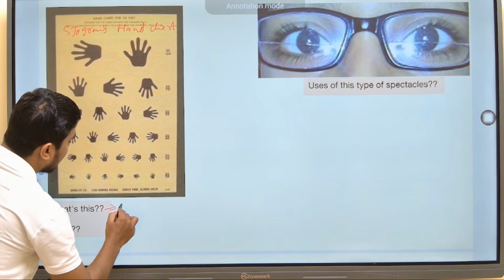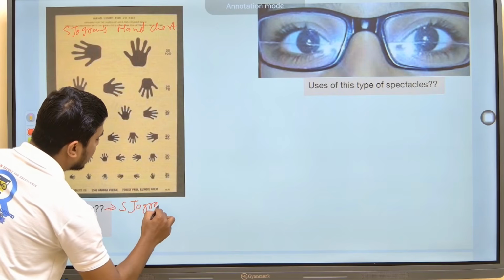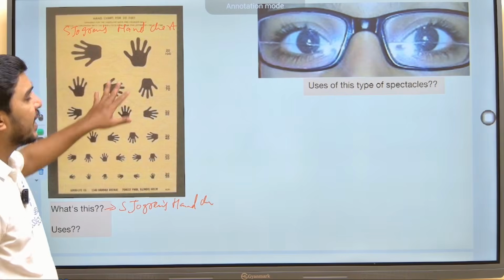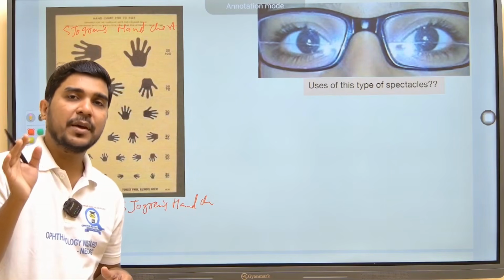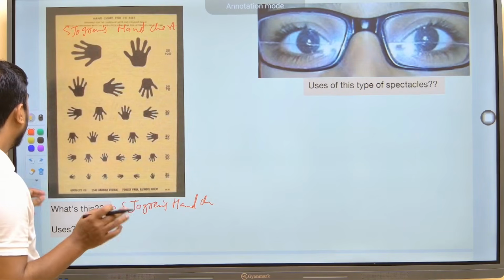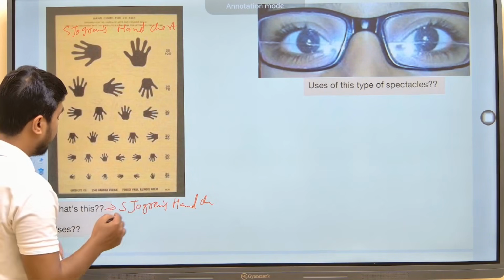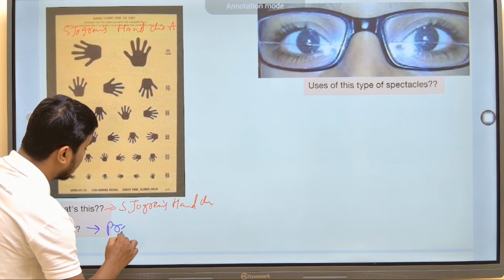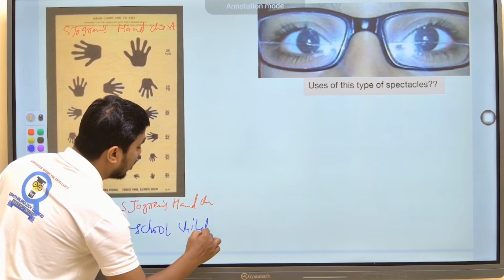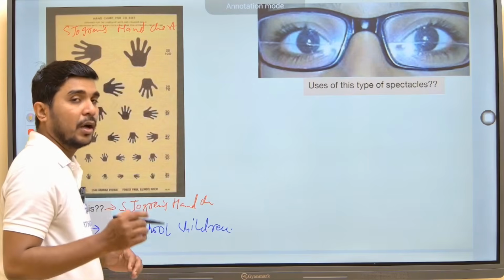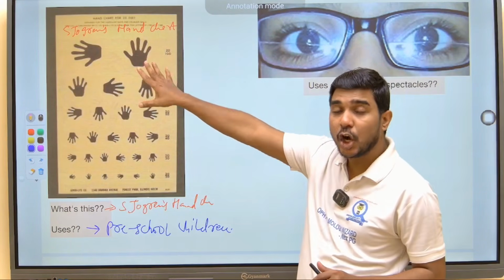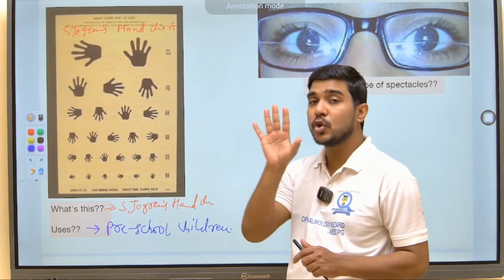It is used for preschool children. If you want to determine the vision in preschool children, we generally use this hand chart, Jorgen's hand chart. Very important to understand.